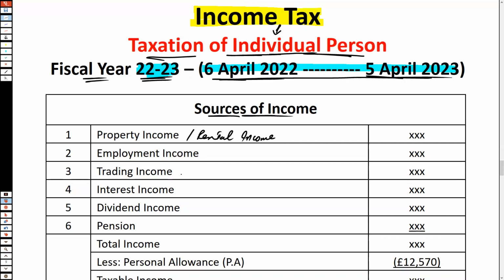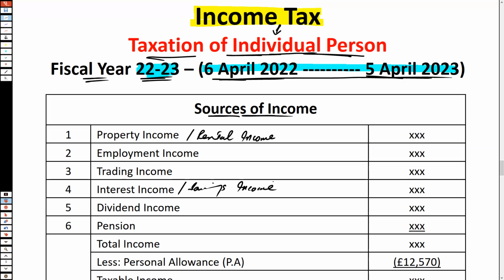If you are engaged in any business and getting income, that is trading income. If you have invested in loan notes or debentures, or put your money in a bank's fixed account, you will receive interest. That source of income is termed as interest income or savings income.